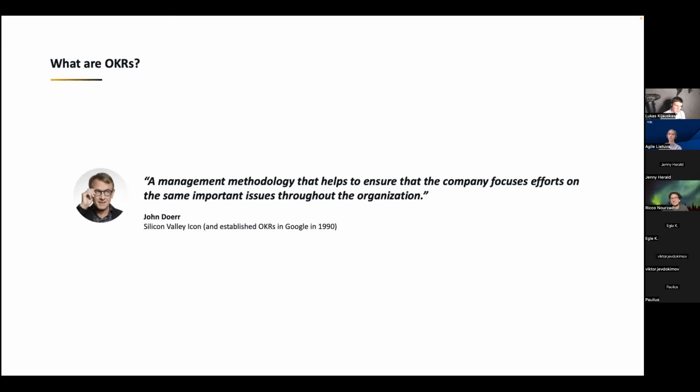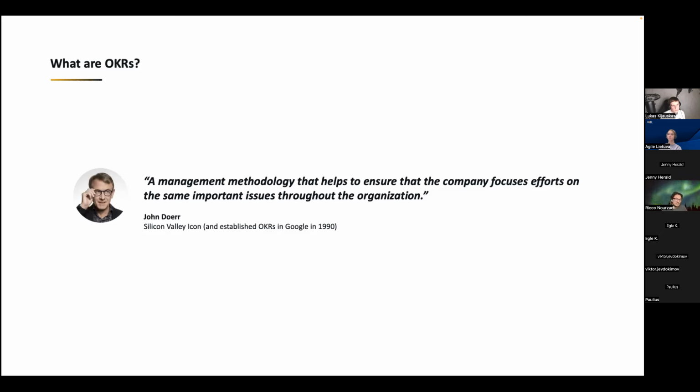In my own words, I always say it's an agile strategy execution concept or an agile goal setting framework, but it's for sure not something new. OKRs have been around for the last 40 years, and they're just arriving in Europe, I would say, in the last 10 years now. And that's the reason why we're going to talk about it today too.